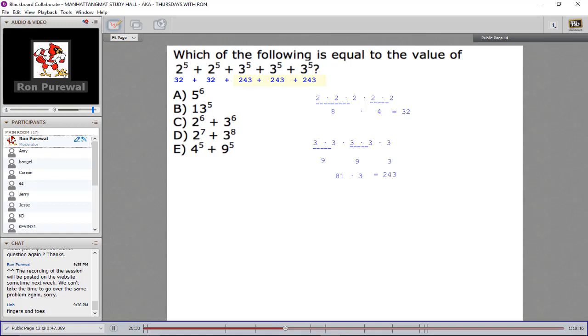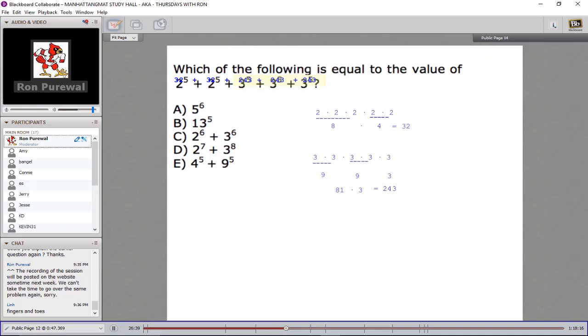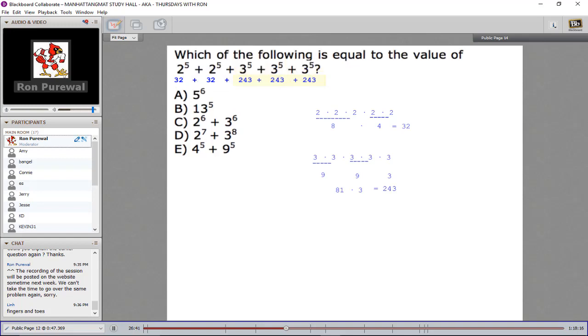This is 3 times 243. 3 times 240 is 720, so that's 729. And this is 64. So that is 793. So it's about 800, right? 800-ish.